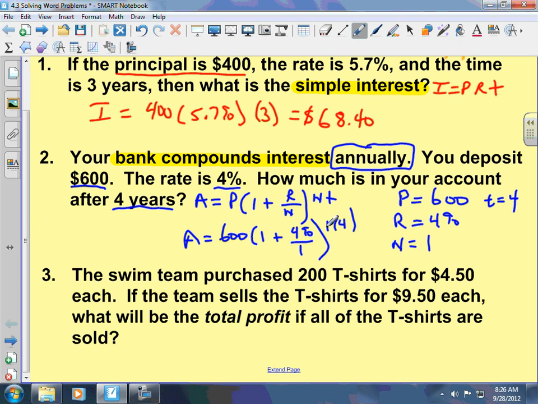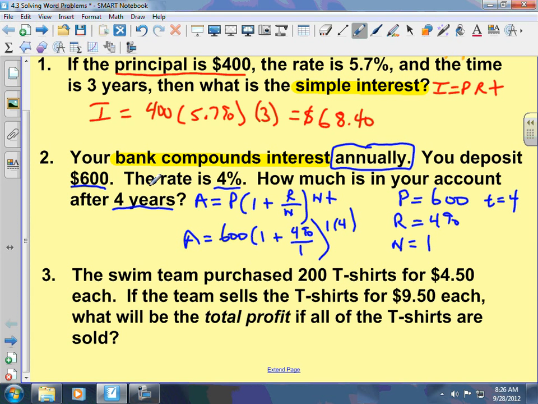Now, when I put this into the calculator, I put it in just like it appears here. 600, parentheses, 1 plus fraction bar, 4, hit your shift key to put your percent on it, arrow down, put a 1 on bottom, arrow over, close the parentheses, hit the X with the white box. 1 times 4 is 4, raise it to the 4th power, hit equals.